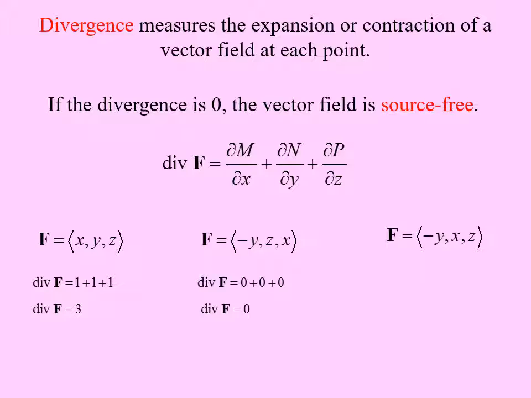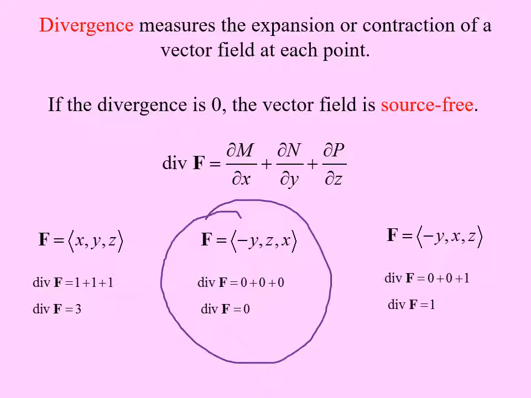And here's the computation of divergence for this vector field. Now, the quantities themselves aren't of a lot of value unless we have some place to use them. For example, notice here in the middle, this vector field is source free. Okay?